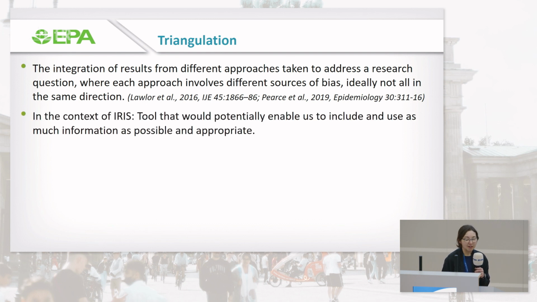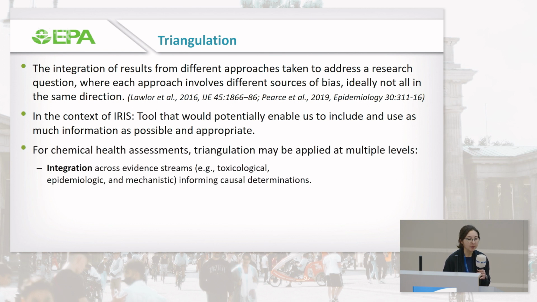So in the context of the IRIS program, we view triangulation as a strategy or a method or a tool that enables us to include and use as much information as possible when appropriate. And for our chemical health assessments, I showed that we had 2 different stages. We have evidence synthesis, where we're looking at one stream of evidence, and evidence integration across evidence streams.